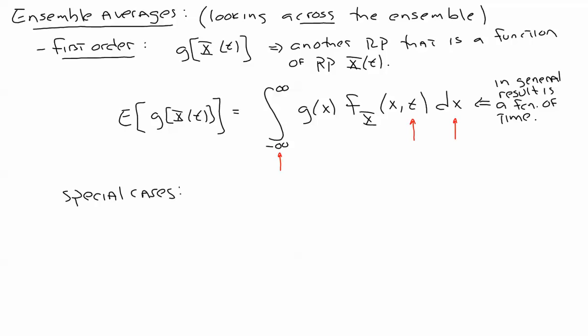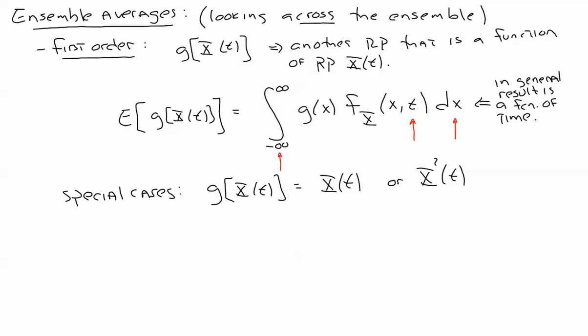Special cases. If my function of x is just x itself, or x squared, then what we're going to find is mean and mean squared values.